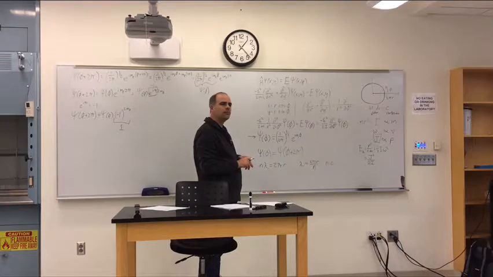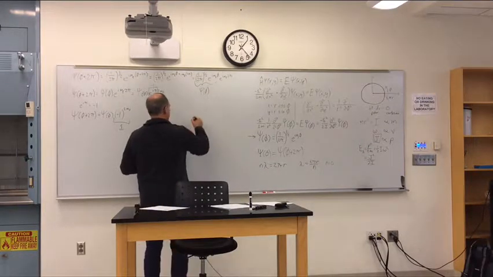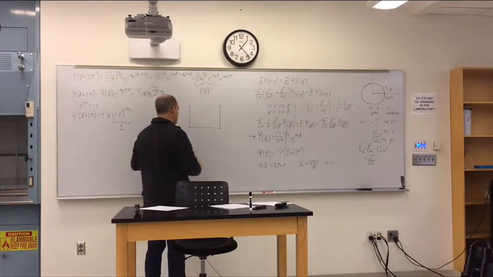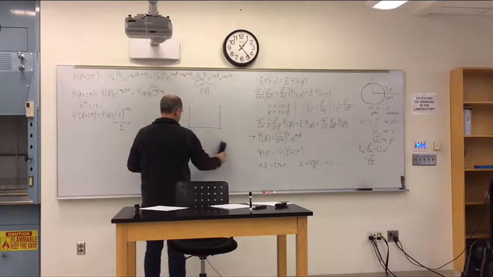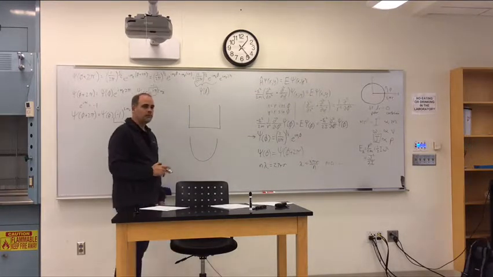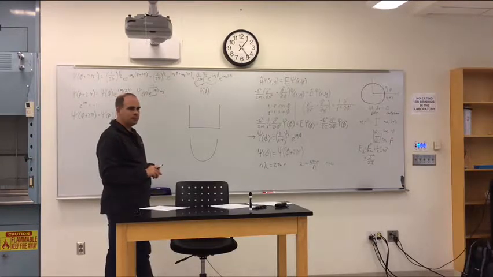What was the condition for harmonic motion? Harmonic motion is basically a spring. Particle in a box has very steep boundaries. The harmonic oscillator, instead of being steep, looks like this. So that would be your potential.